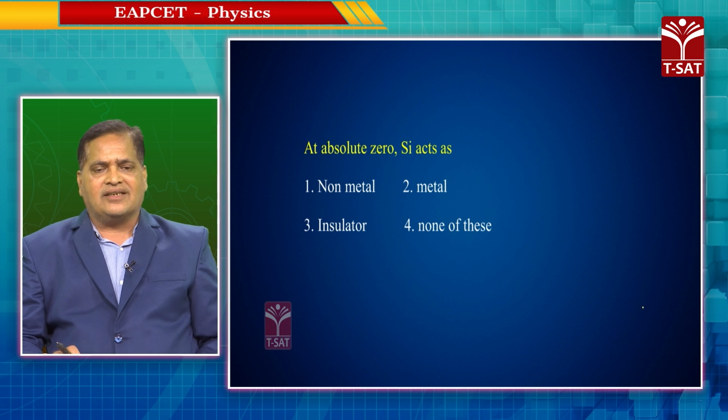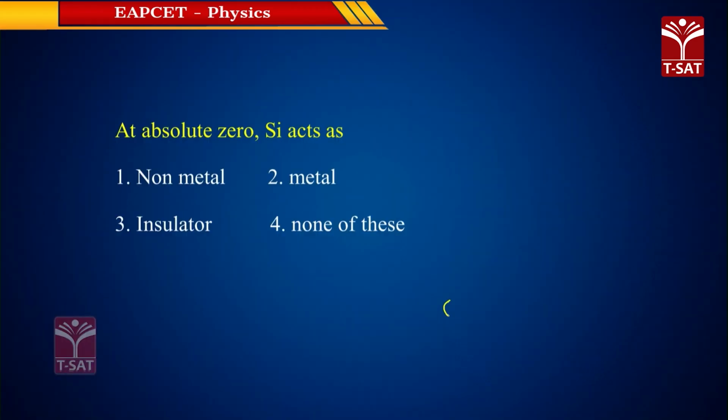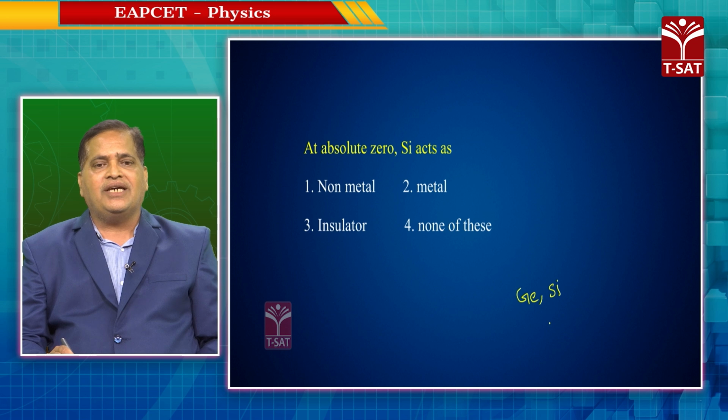In insulators, electrons are not allowed to go from one place to another place. See here, germanium and silicon act as an insulator at absolute zero, okay, but when temperature is increased, partial electrons travel from one place to another place. Keep in your mind.